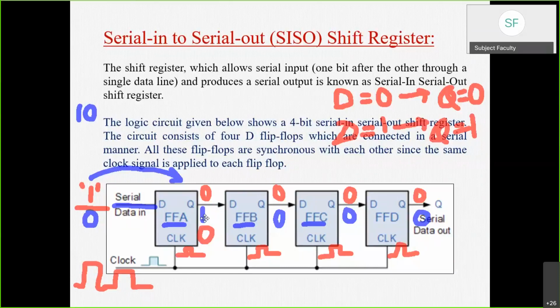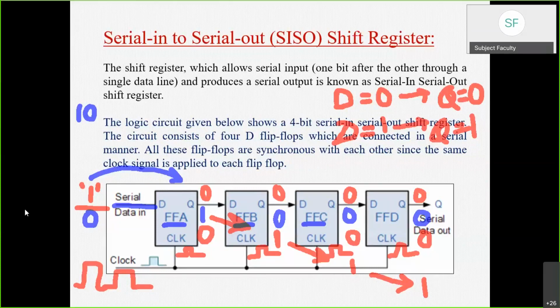So again here it will be 1, here it will be 0, here it will be 0. You can observe this 1 is shifted from here to here. Again it will shift for the next clock cycle, it will shift here, and in the next clock cycle it will shift to the output. So basically whatever input you are giving, it is shifting from input to output in such a manner.